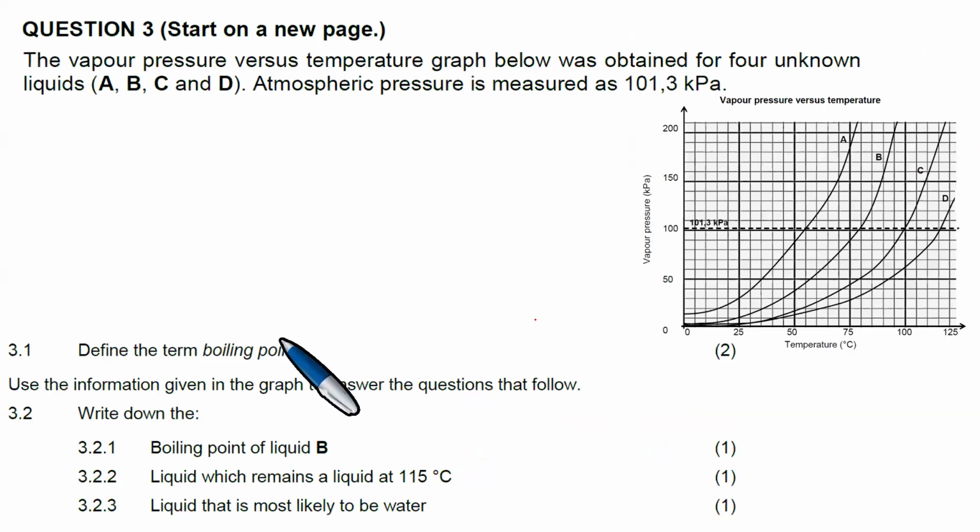Right. In the next point, we're going to look at a graph. Graphs are very interesting in chemistry, and this graph is no exception. There's something called the vapor pressure. Question 3. The vapor pressure versus temperature graph below was obtained for 4 unknown liquids, A, B, C, and D. Atmospheric pressure is measured as 101,3 kilopascals.